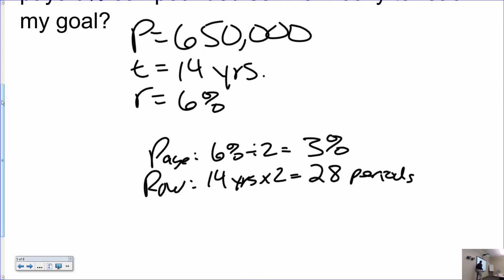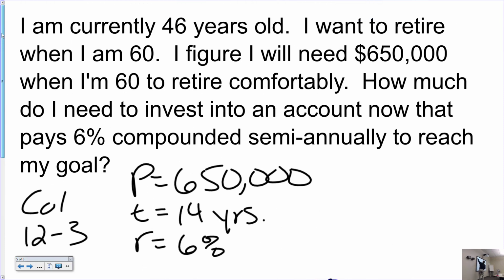Okay. So far, so good. Into the second column, which is the 12-3. All right. Good. So why are we going backwards? He said I will need $650,000, right? There's that "will need" type stuff. Okay, cool.